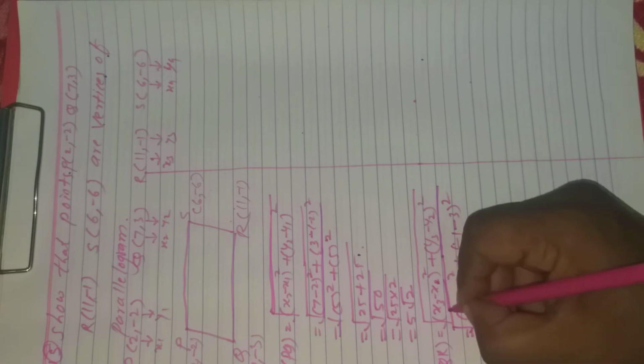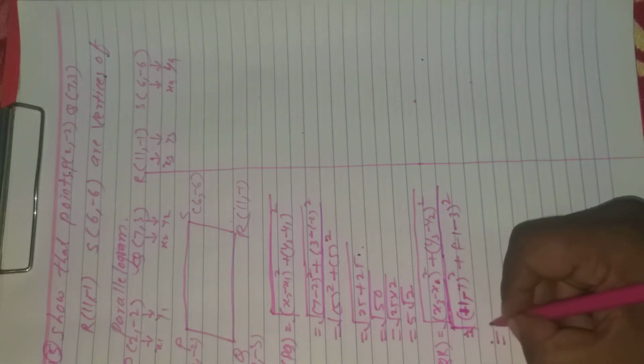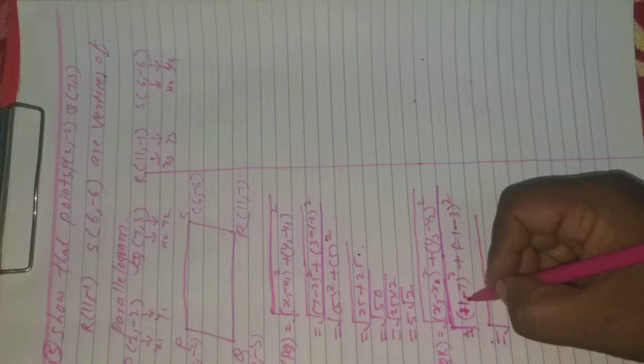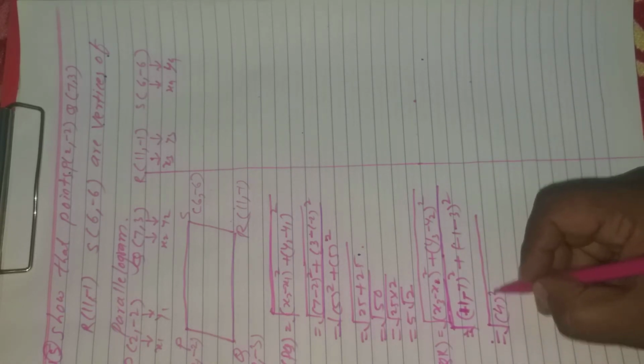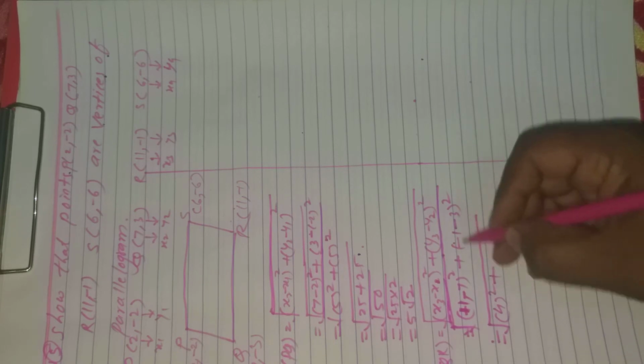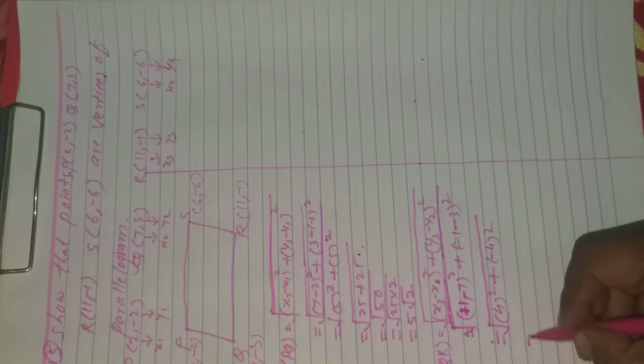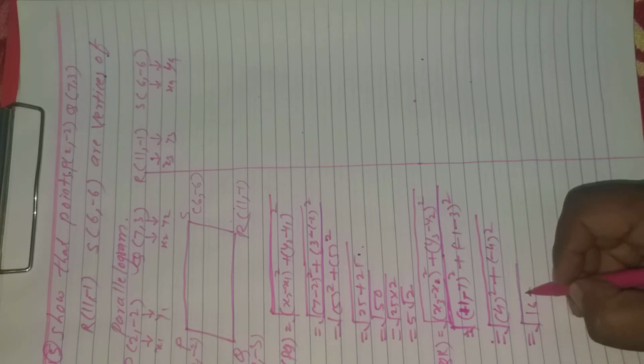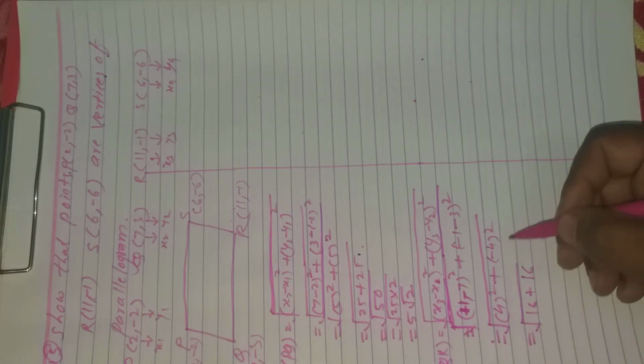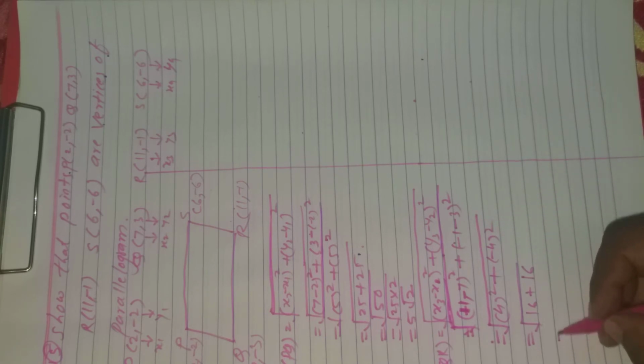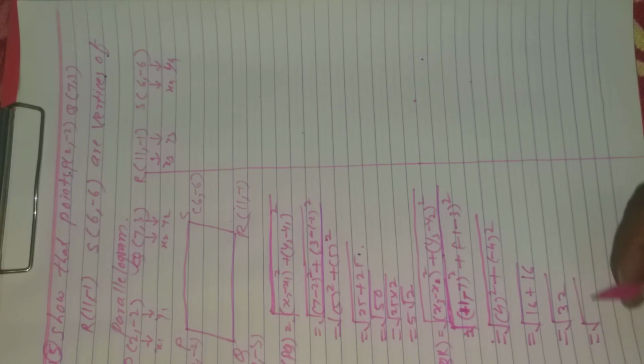This thing we have to write in square root. Now under the square root sign, 11 minus 7 becomes 4 square plus minus 4 square, it will become 16 plus 16. 4 square is 16 and minus 4 square is also 16, that is under root 32. Now we can make the factors of 32, that is 16 into 2. 16 is a perfect square, it will become 4 under root 2. This is the distance of QR.